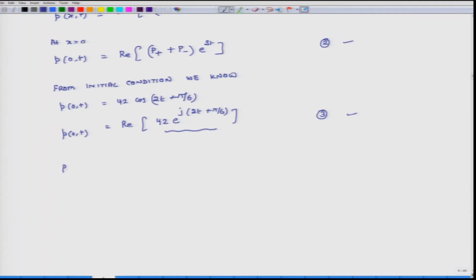So, I get p plus plus p minus, e to the power of st, is equal to, so I have to equate real quantities on both sides, real of 42 e to the power of j 2t times e to the power of j pi over 6. So, this I am getting from 2 and 3.